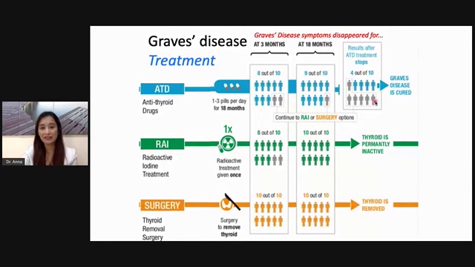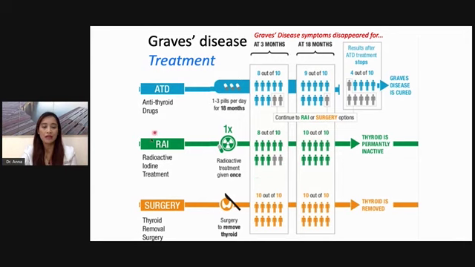And the rest of the patients who discontinue anti-thyroid therapy and are not cured go on to either RAI or surgery. So this is what I tell my patients. If you choose this option, only 4 out of 10 will be cured at 18 months. And they have to be very diligent when they take their medications. Because if you discontinue, you can be at risk for exacerbation or thyroid storm at worst.